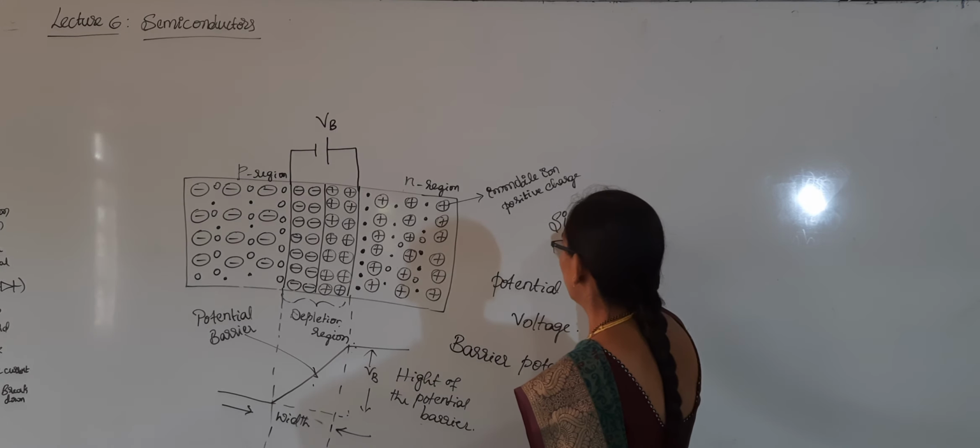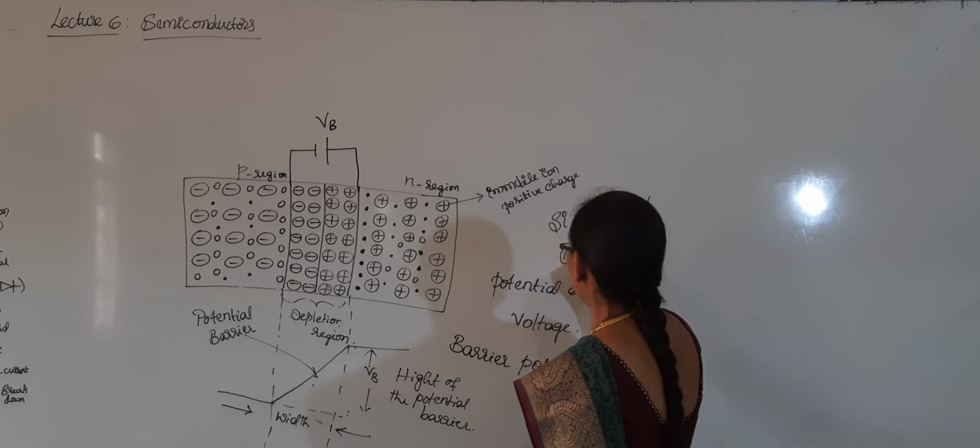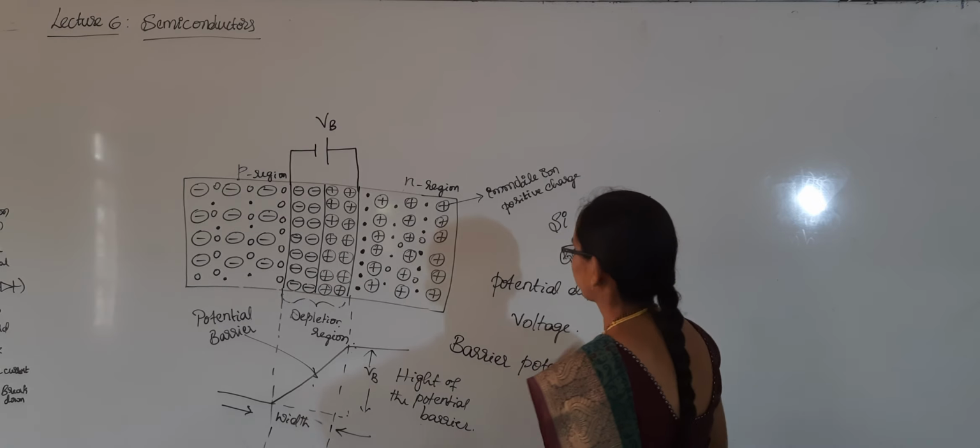For silicon, the value of VB will be 0.7 volt. For germanium, the value of VB will be 0.3 volt.